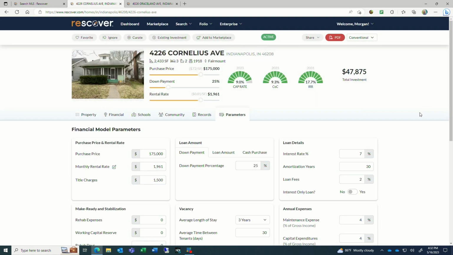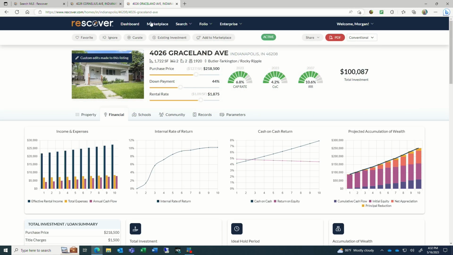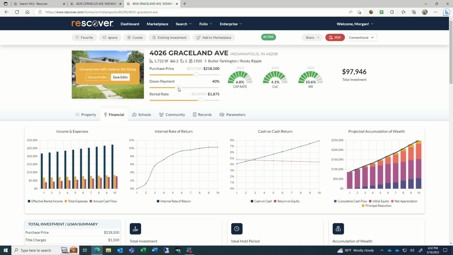So what I'm going to do is we have two options. Our first option is this white house, and we're going to buy it turnkey for $218,000. I'm going to bring it back down to 25%. No, I take that back. I'm actually going to leave it at 40% down at 100,000 invested. Let's make a fake person here, Kristen.